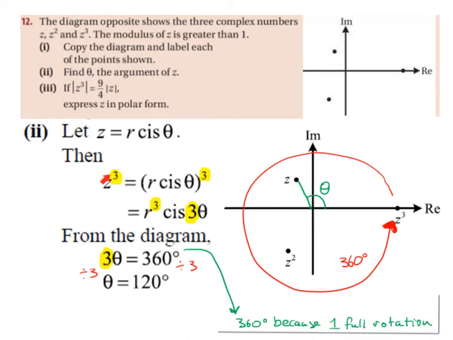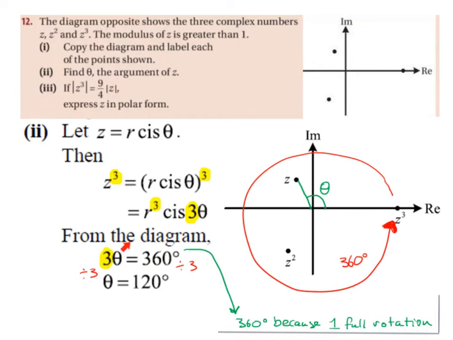So if z cubed is equal to r cubed cis 3 theta, well, we know that the angle of z cubed is 360 degrees. So we can let 3 theta equal 360 degrees. There's been a full rotation of the Argand diagram.